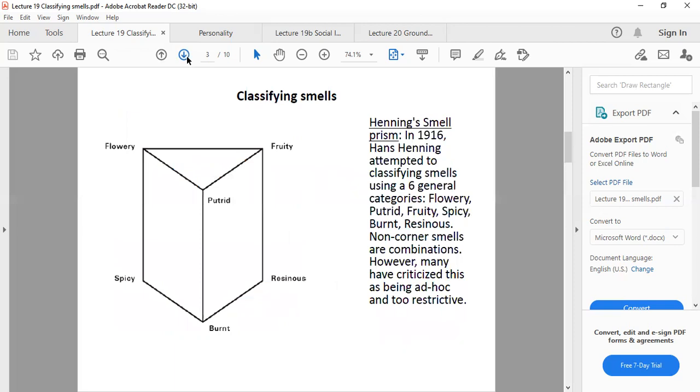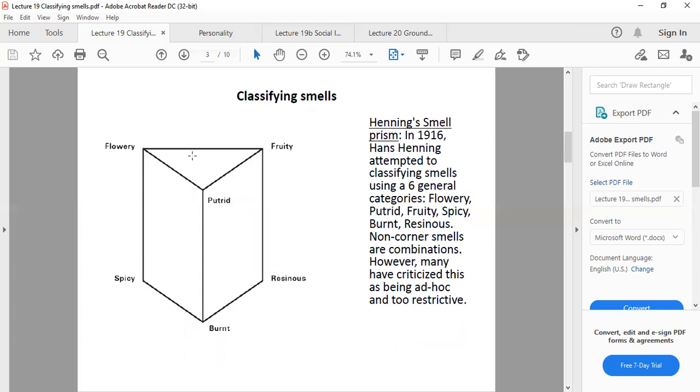Now looking at the prism by Henning. The smell prism has six corners in general. Henning said whatever is not at a corner fits in between as a combination of smells. In 1916, Hans Henning attempted to classify smells using six general categories: flowery, fruity, putrid, spicy, burnt, and resinous, which is more like that sharp smell, or tar as well.